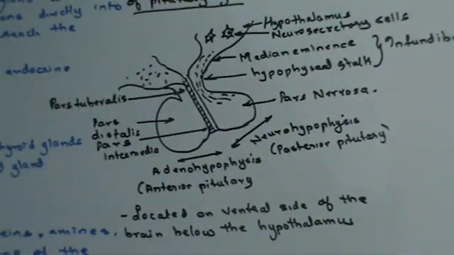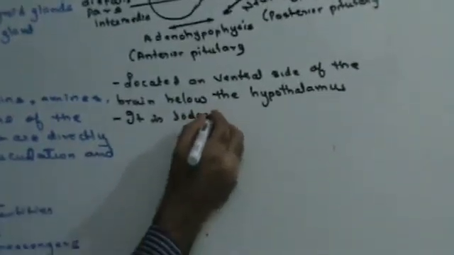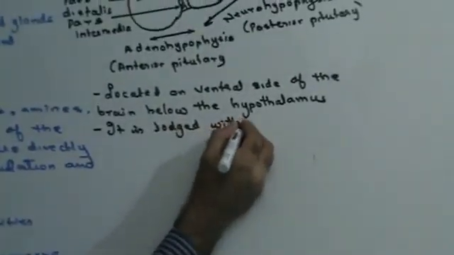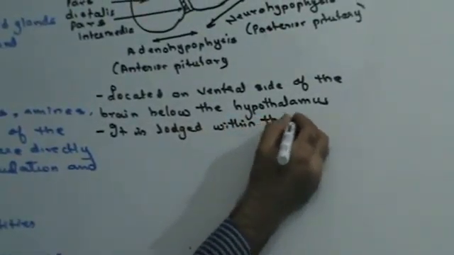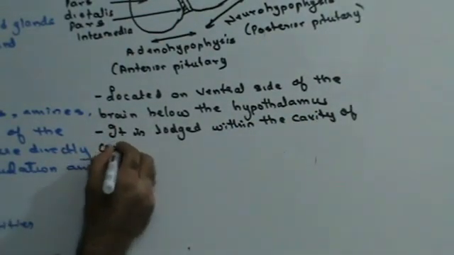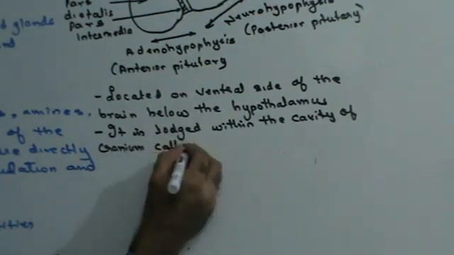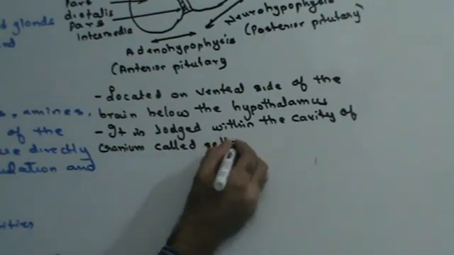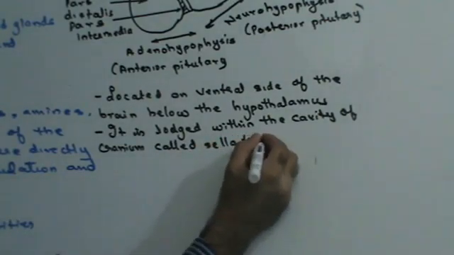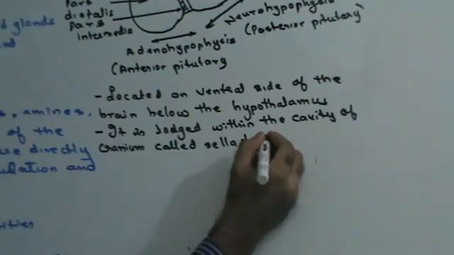Right? Now, where is it lodged? It is lodged within the cavity of the cranium called sella tursica.